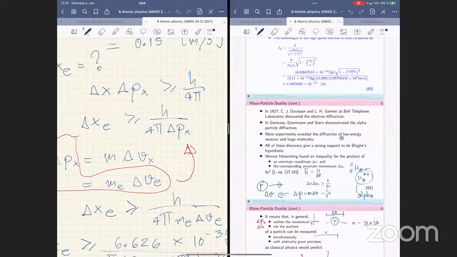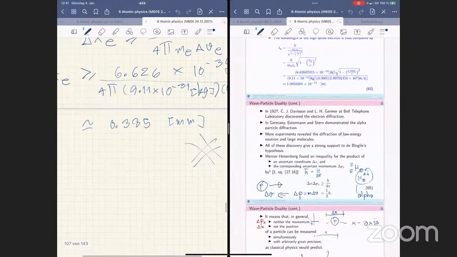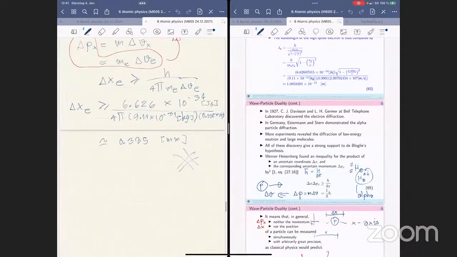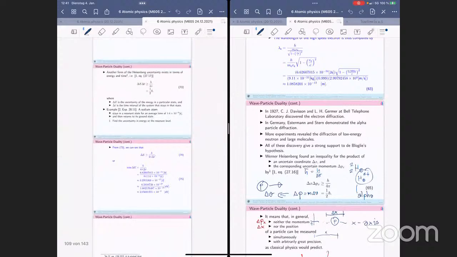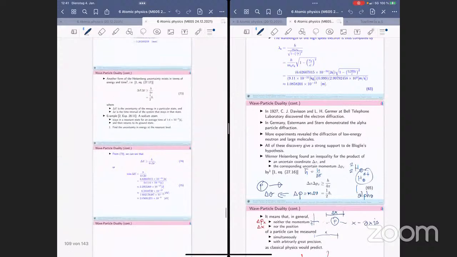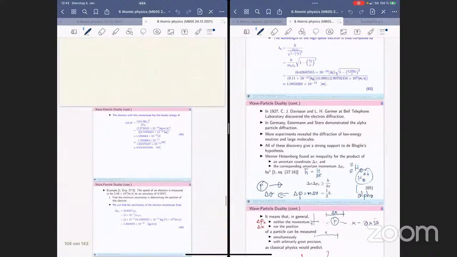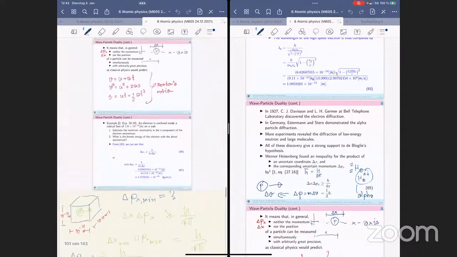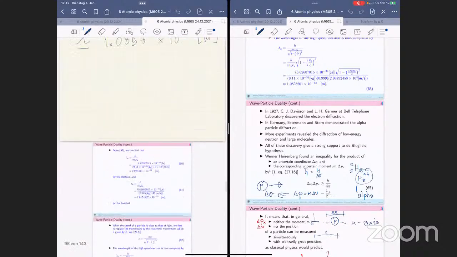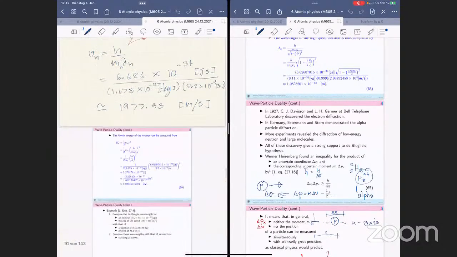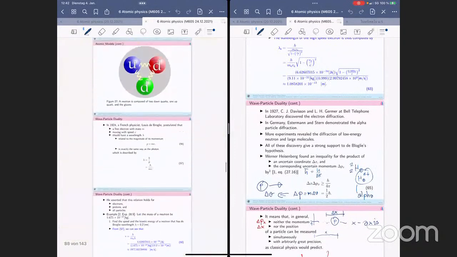Let's start our lecture from the last time, right? The Heisenberg uncertainty along the x-axis, right? That's what we have talked about before during this semester.